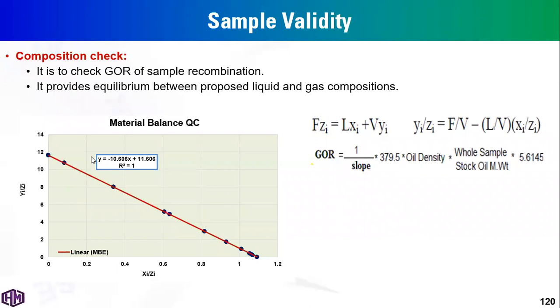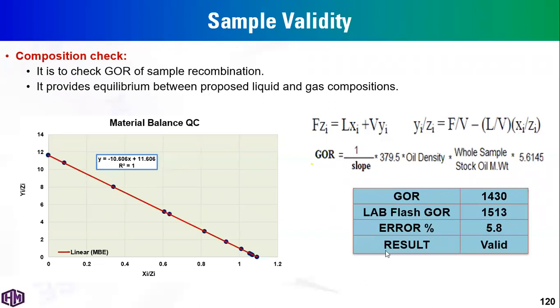If we plot this parameter on the y-axis against this parameter on the x-axis, and we have a good match and a good straight line, it means we have good, consistent compositional data to use. Additionally, using the slope of this line we can calculate the GOR from this QC workflow, compare it with the flash GOR from the PVT lab, and calculate the error.